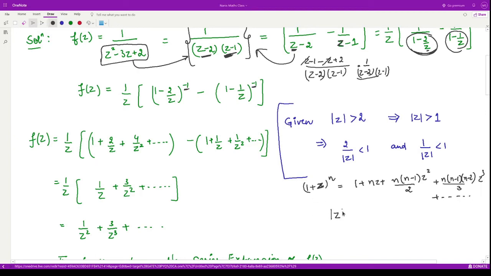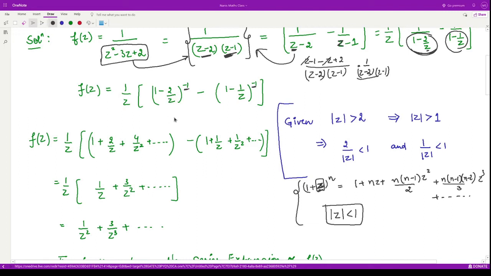Whenever the modulus of z is less than 1. You can do this whenever the modulus is less than or equal to 1. In our case the corresponding term is 2 upon z, in fact with a minus sign.